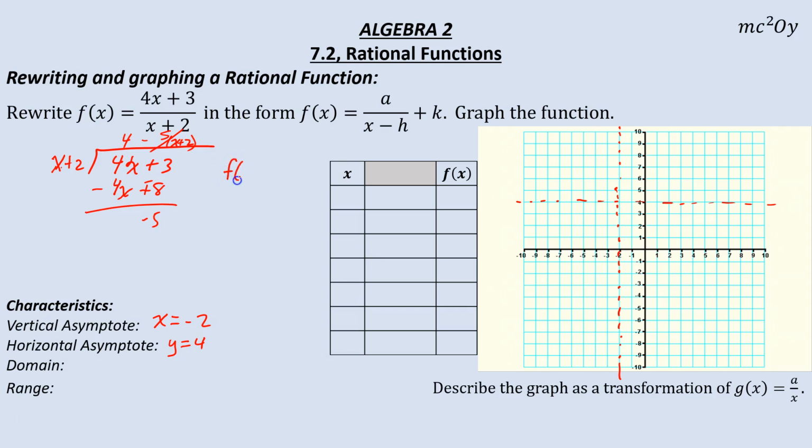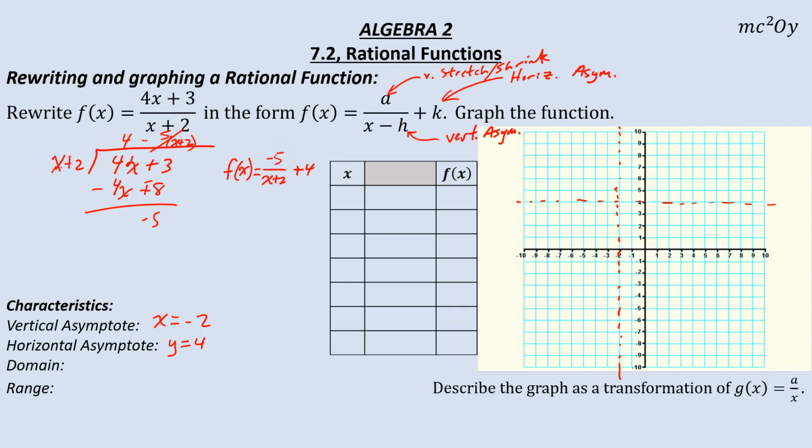So this really changes to f of x equals negative 5 over x plus 2, all plus 4. Which tells us, here, this is your k, that's your horizontal asymptote. This is your vertical asymptote. And remember, this is your vertical stretch, shrink, or a reflection in this case.